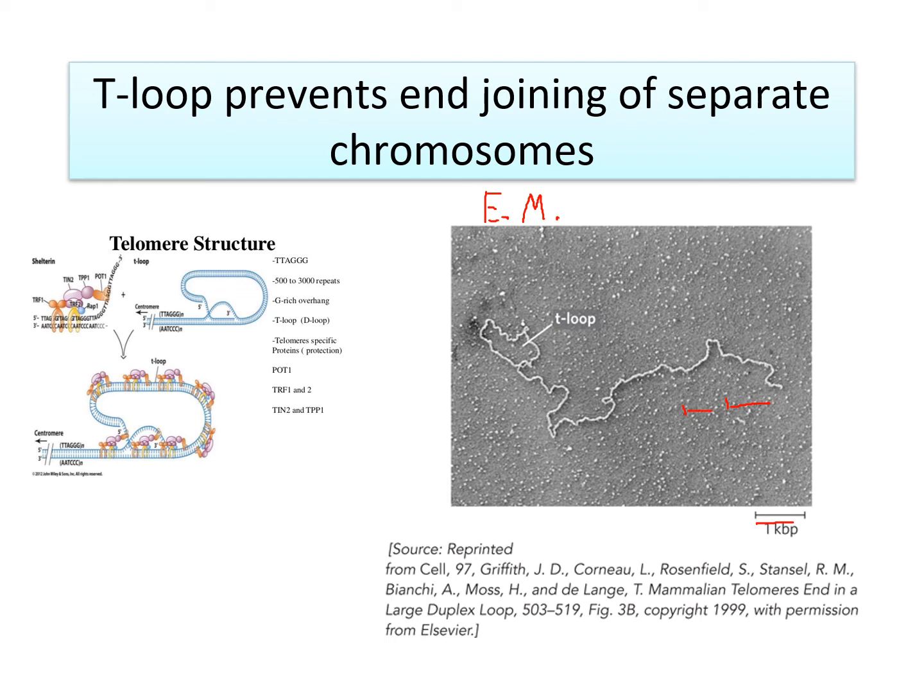And you can see the T-loop here. So that is a combination of covalently and hydrogen bonded protein-DNA structure. So now we have a distinct structure at the end of each chromosome.